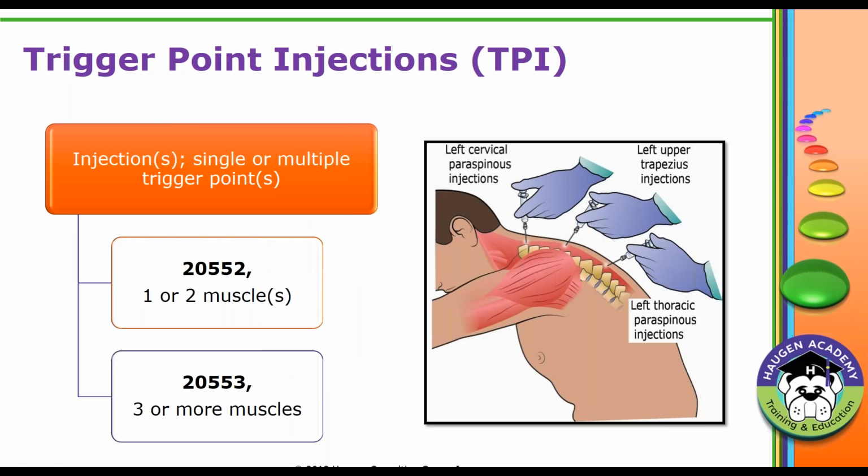You'll see that abbreviated a lot as TPI, but what they're used for is just to treat painful areas of muscle that contain trigger points. Trigger points are just knots of muscle that form when the muscles don't relax. So they hurt if they're pressed on, they can be very tender, and they can really cause some intolerable pain. The trigger points can actually irritate the nerves around them, and that's what causes the pain.